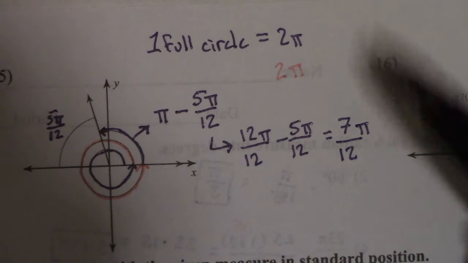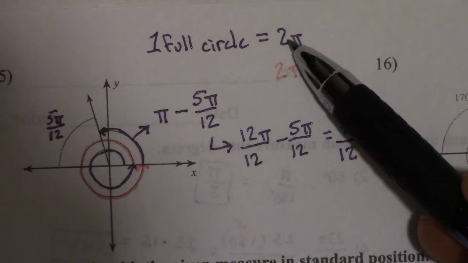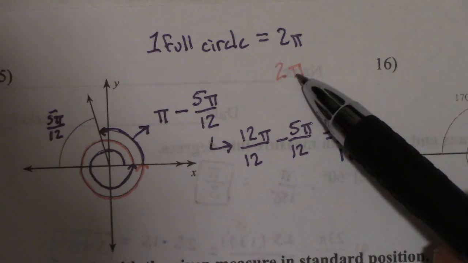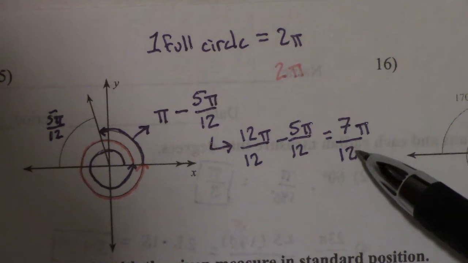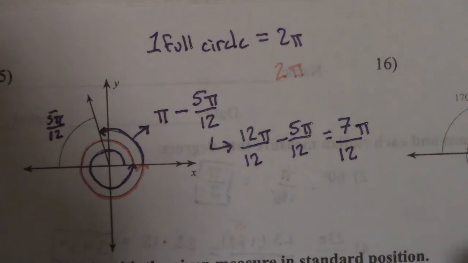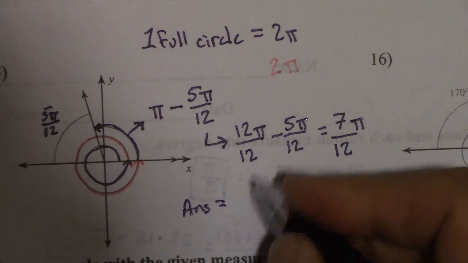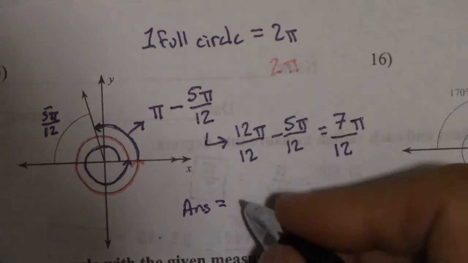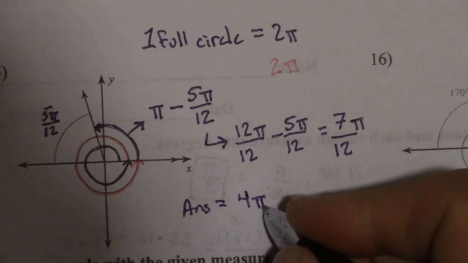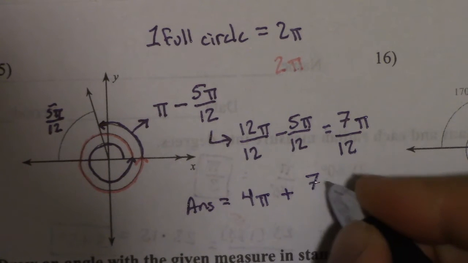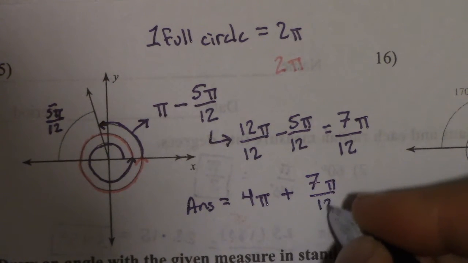So what does that mean? I've got my 2 pi for my first circle, 2 pi for my second circle, and then 7 pi over 12 left over. So that means my final answer is going to be, adding these together, 4 pi plus 7 pi over 12.